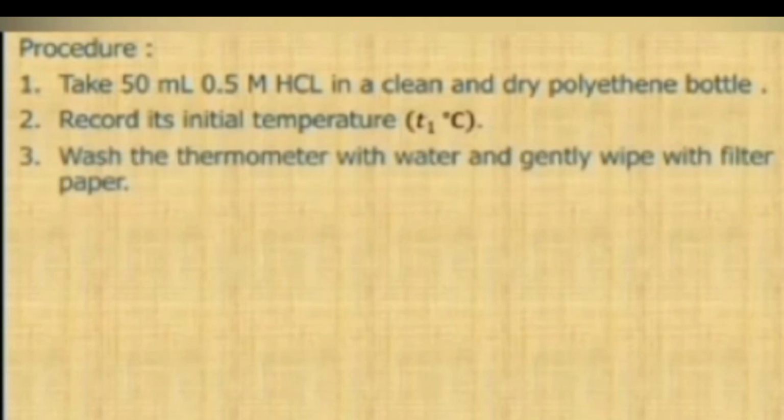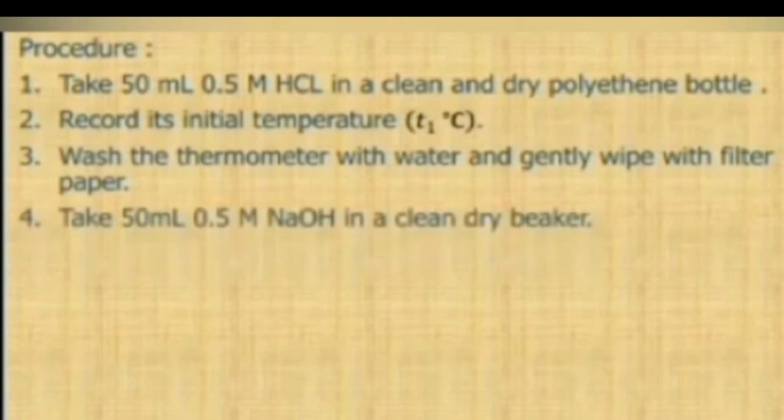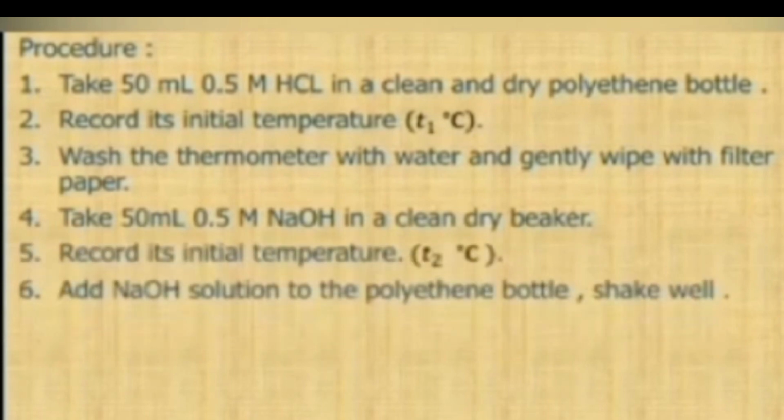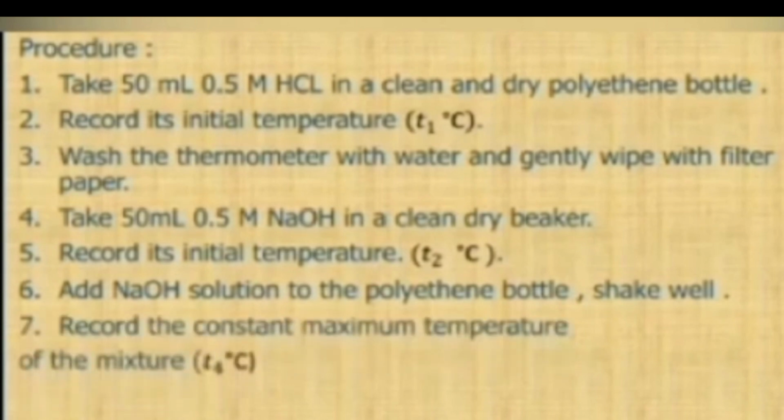Now 50 ml of 0.5 molar NaOH is taken in a clean dry beaker, and we will record the initial temperature T2 degrees Celsius. Now we will add this NaOH solution to the polythene bottle and shake well. Then we will record the constant maximum temperature of the mixture, that is T4 degrees Celsius.